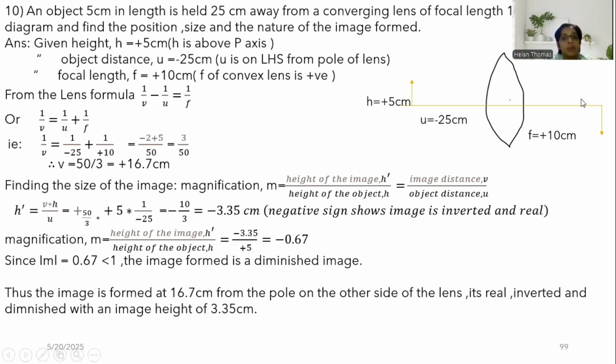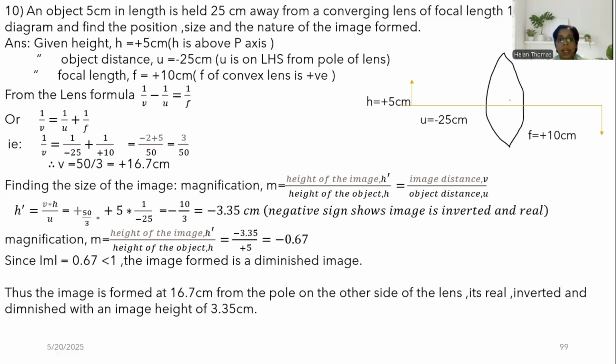Now you have the equation for magnification, m, which is equal to height of the image by height of the object, which is equal to v by u, or image distance by object distance. So you have v, h and u in your system. You have to find only h prime. So you put your values and you get your h prime as minus 10 by 3, which is actually minus 3.35. The negative sign shows that the image is a real and inverted image.